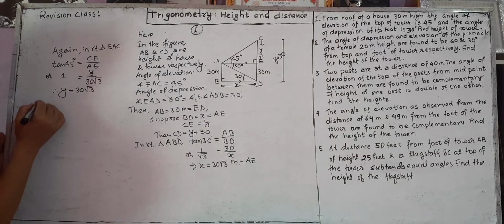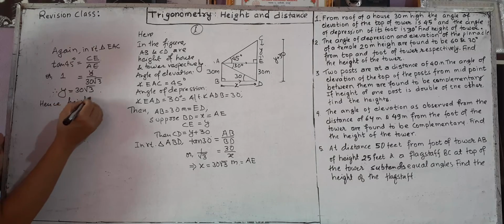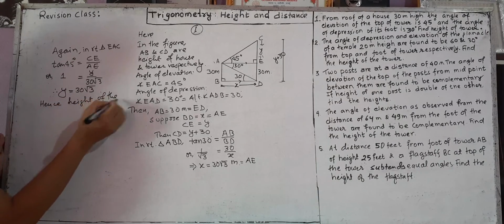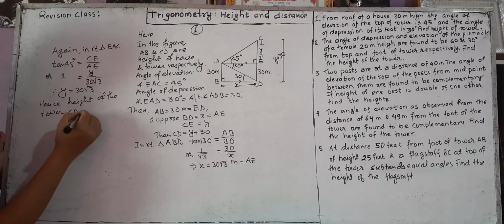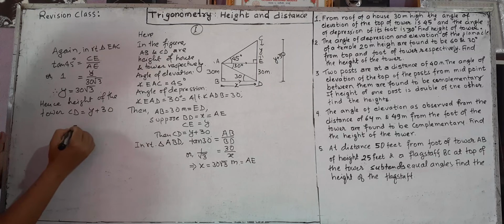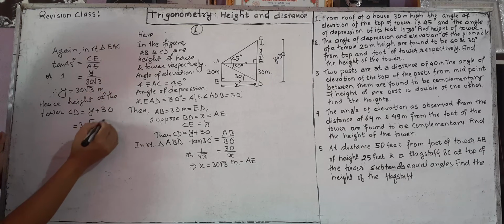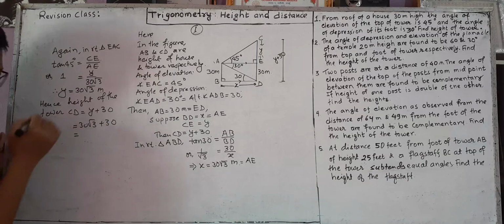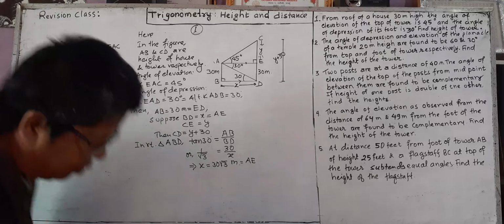So hence, height of the tower CD equal to Y plus 30, and the value of Y is 30 root 3. You can write in meter, 30 root 3 plus 30. So use calculator to find the exact value.